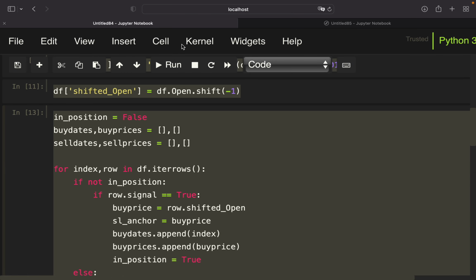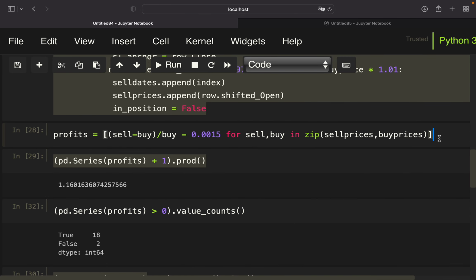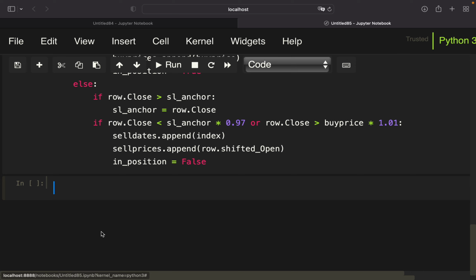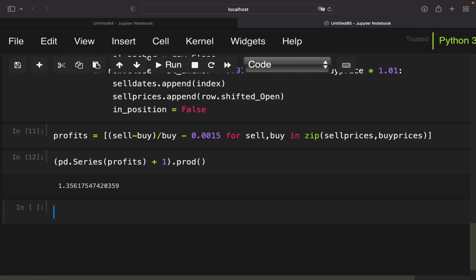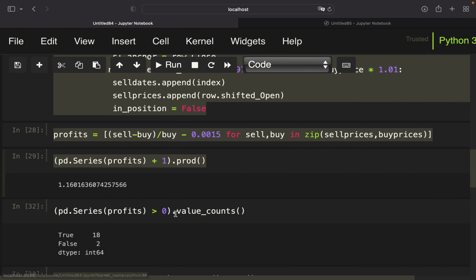Run the loop. And take a look at that. So we even got 35% win on the daily time frame, right?